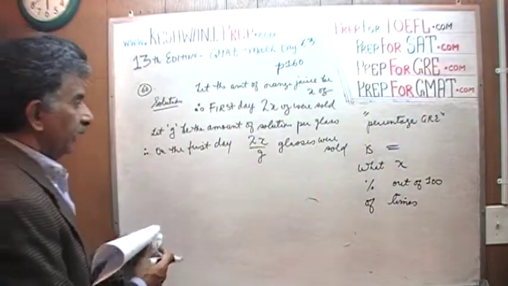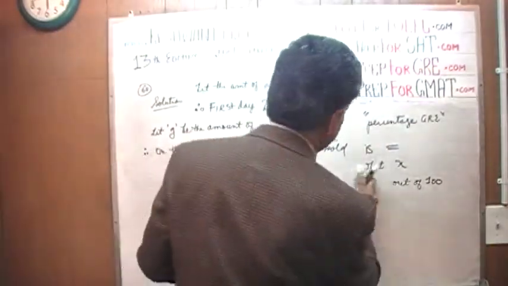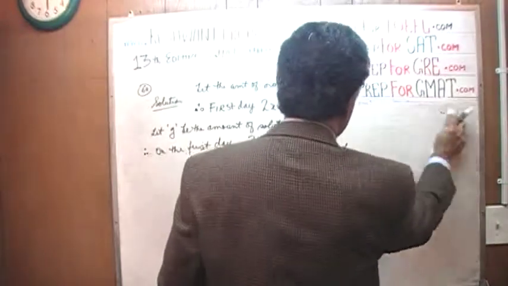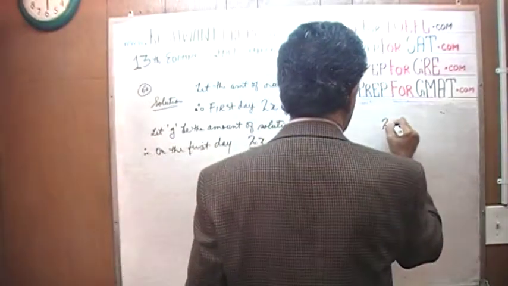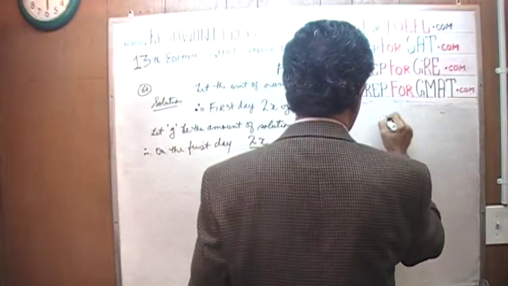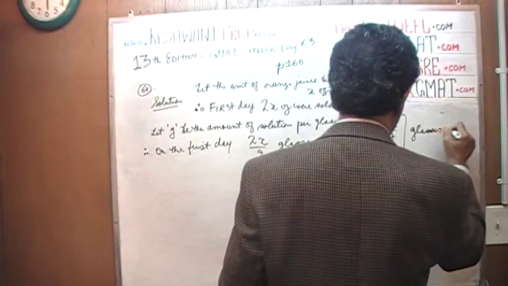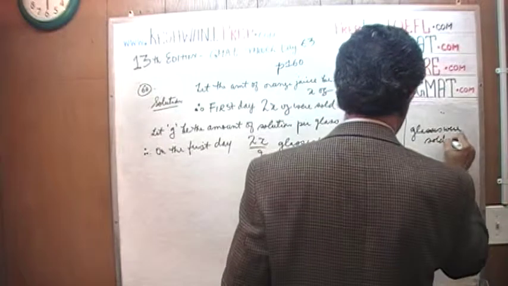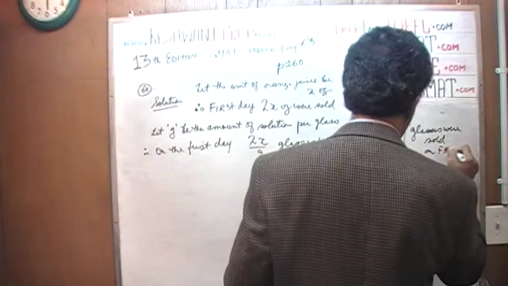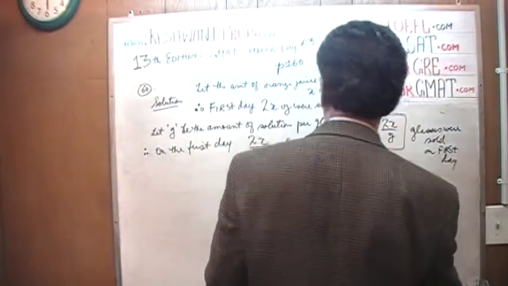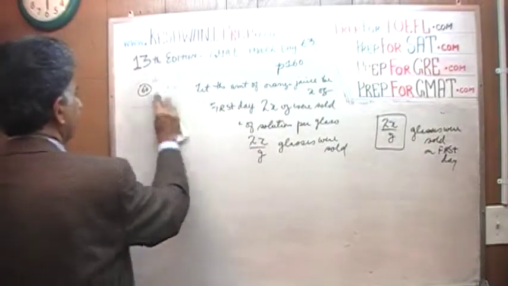Let's do the second day now. Let's keep it aside here. We're going to make a note here that 2x over g glasses were sold on the first day. That's it, we're done with the first day. Let's do the second day.